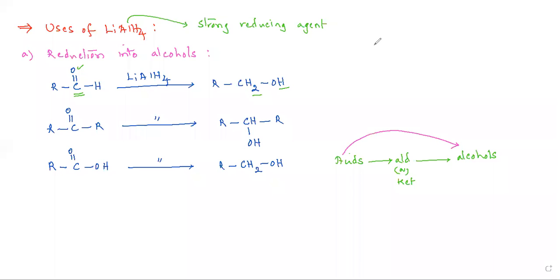That is very important. Even the derivatives of carboxylic acid, say acid halide. Acid halide is also reduced into alcohol. Even esters are reduced into alcohol. Two different types of alcohol.